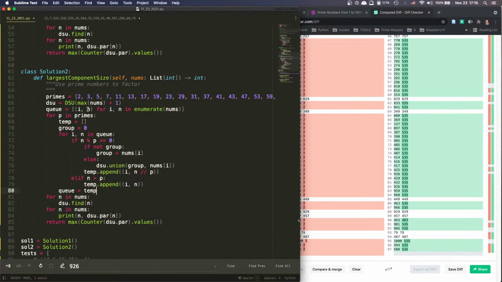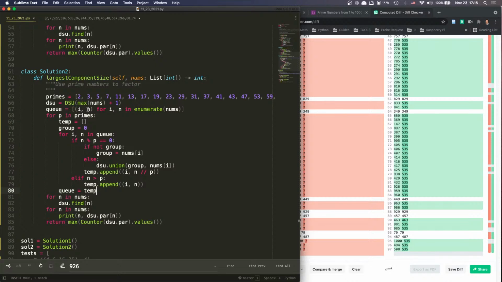We go one by one, each one comes out, and we try it: divide by this, and this divided by this.